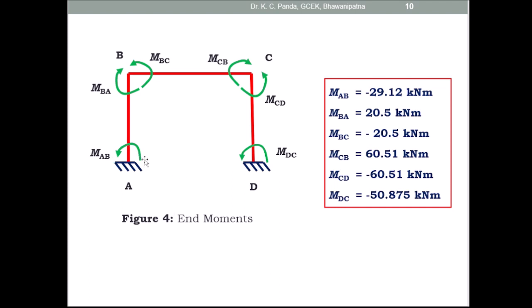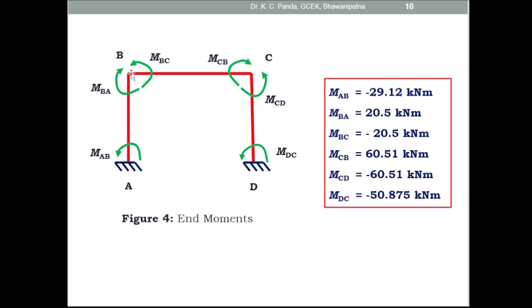Then after giving the direction of the moment, you can draw the negative bending moment diagram first. So here this side is your MAB outside. Here you take MAB 29.12 and for MBA take this side 20.5. Then join these 2 points, and this is the negative moment.